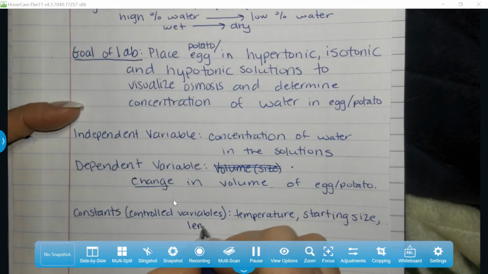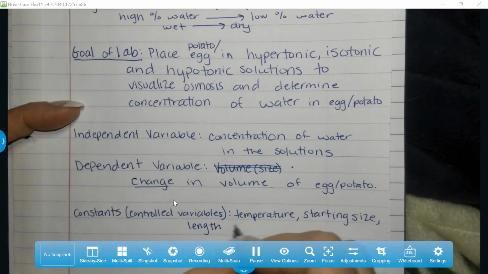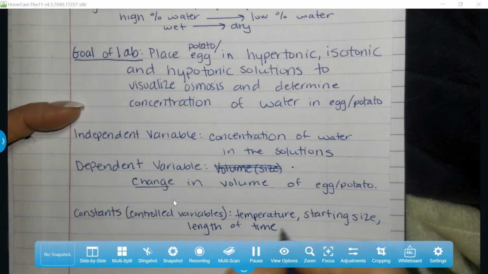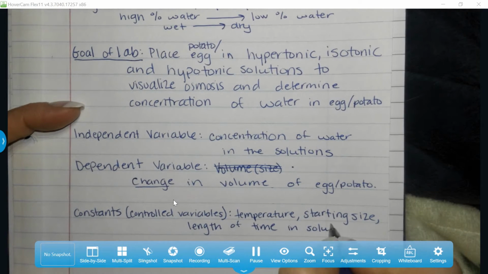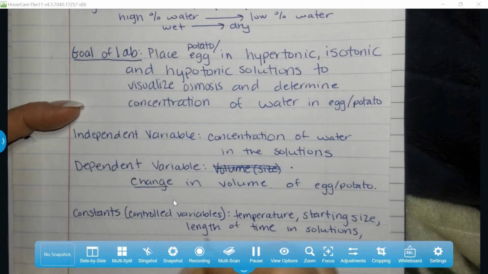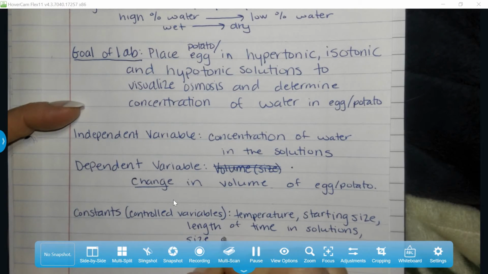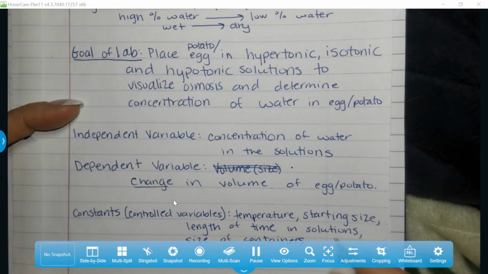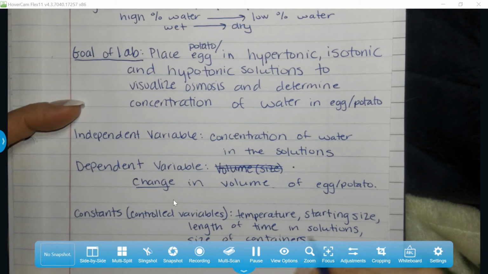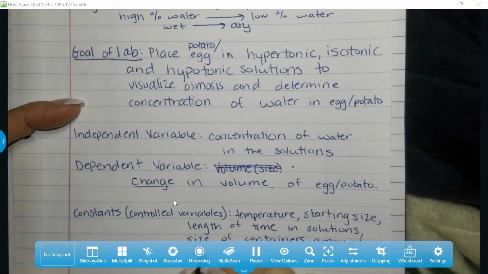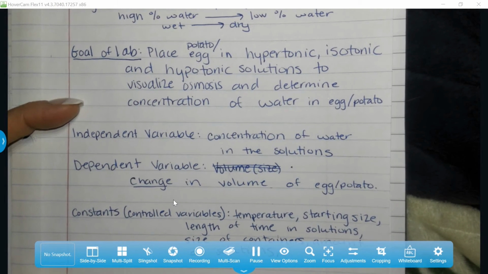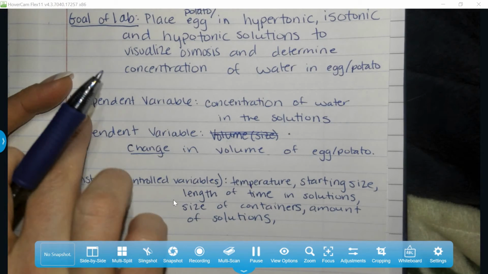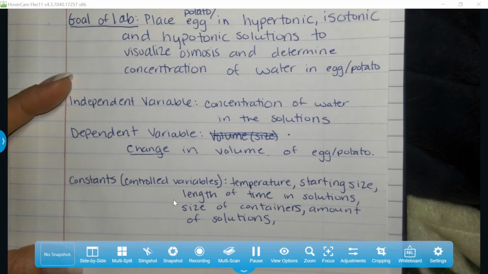The length of time they're left in the solutions should all be the same. The size of the container they're put in. The amount of solution they're each in. And basically everything else other than your independent variable should be the same.